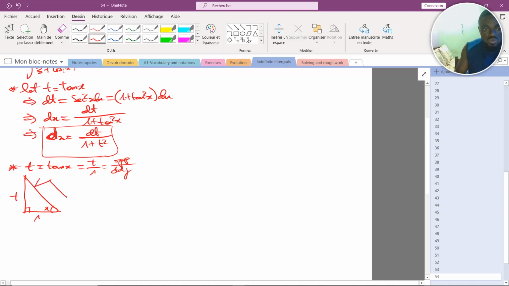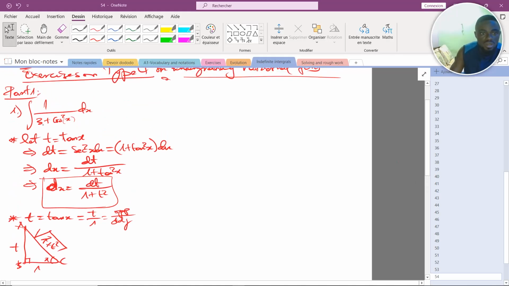Using Pythagoras theorem, the hypotenuse is the square root of 1 squared plus t squared. I'll call this A, B, and C.